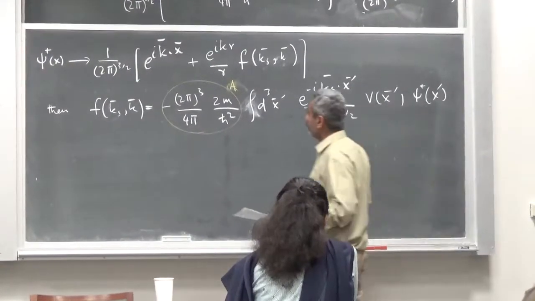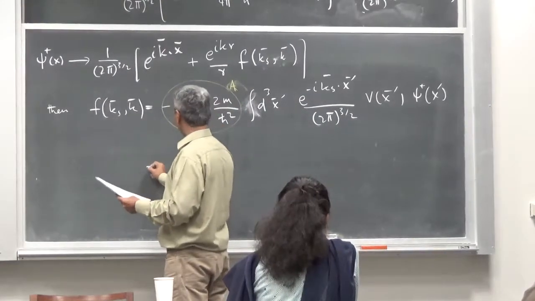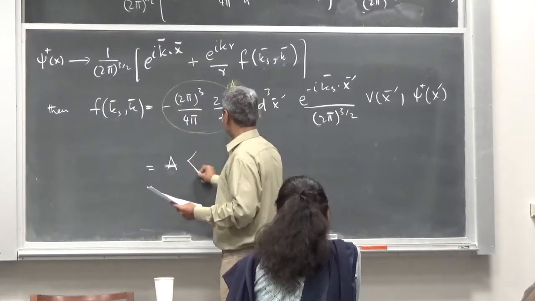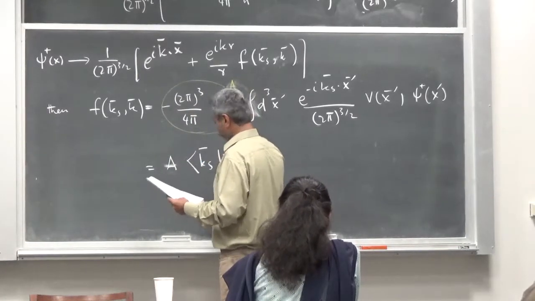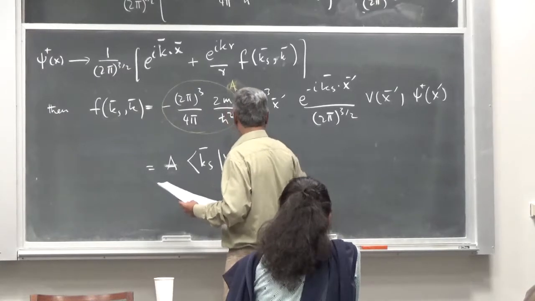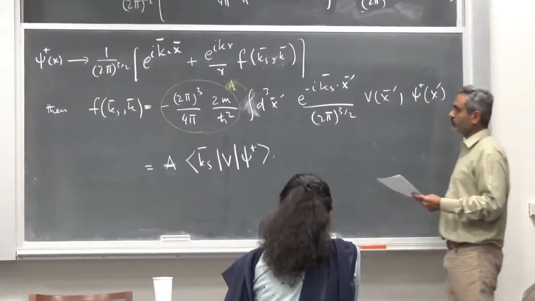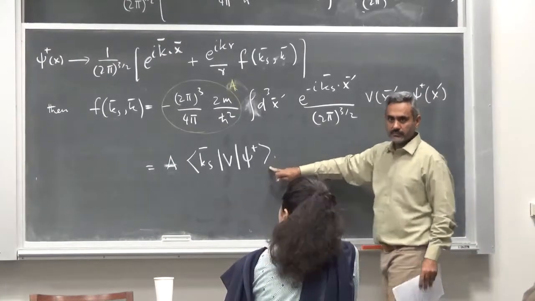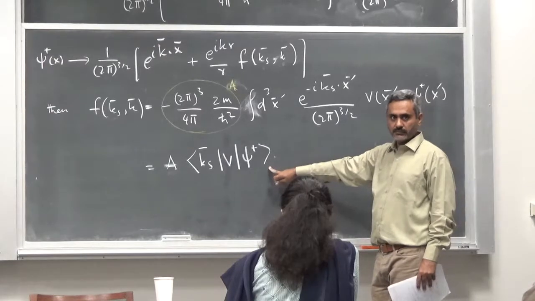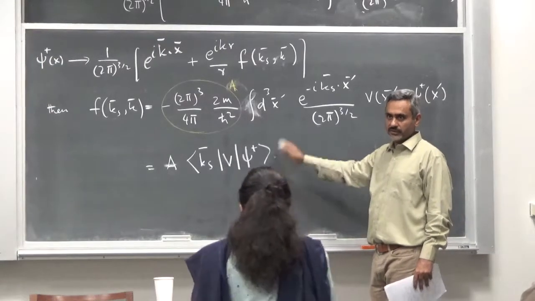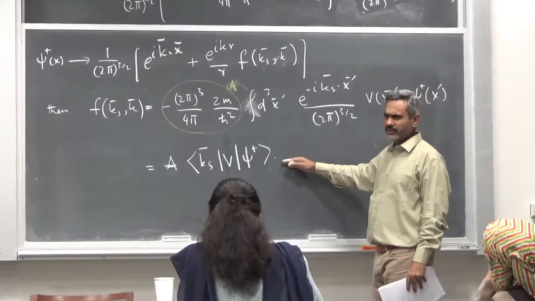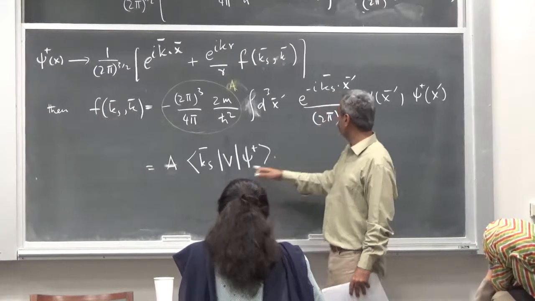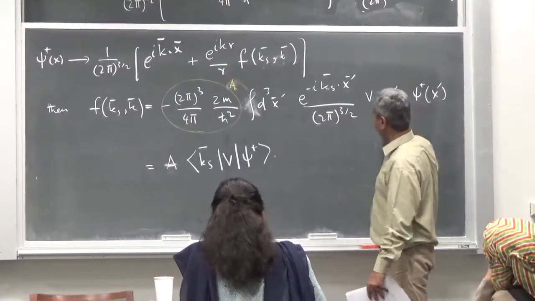One more thing. You should also see that this thing is equal to A, or minus, k_s V psi plus. We will have a chance to use this equation later on. This whole thing is just this. You can see it's clear obviously, right? If you just put a 1 here and a 1 here, that will give you psi of x.